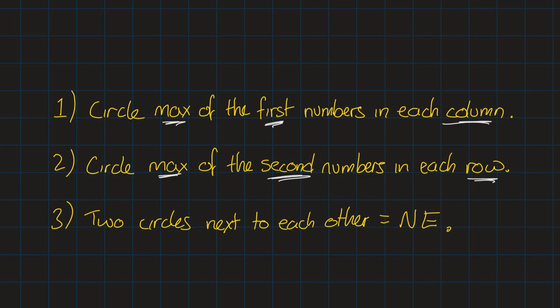And then whenever you have two circles next to each other, that's a Nash equilibrium. Okay, it's as easy as that. It's easy as long as you don't get confused and start circling the second numbers in the column, because then that does not work. So this is the method. Circle the maximum of the first numbers in each column and the maximum of the second numbers in each row.